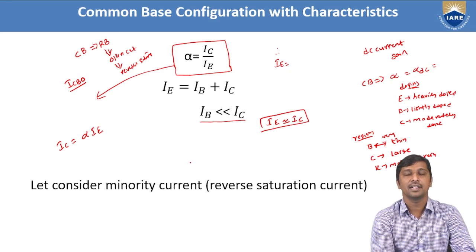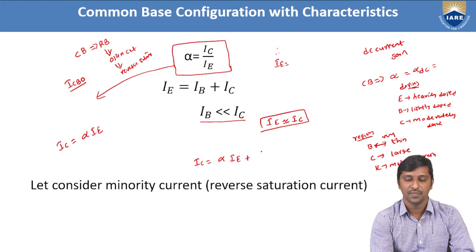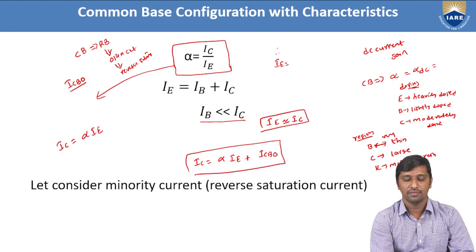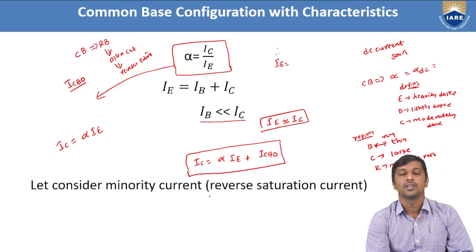So if you want to write the current in terms of majority as well as minority carriers, IC is equal to alpha times IE plus ICBO. This is the mathematical relation of collector current under the common base configuration.